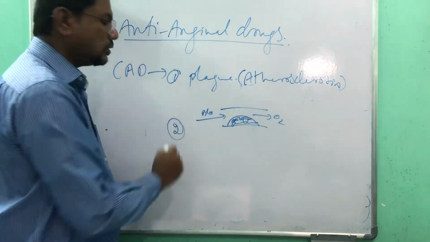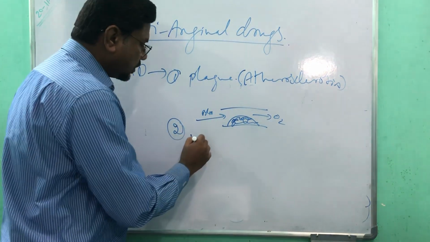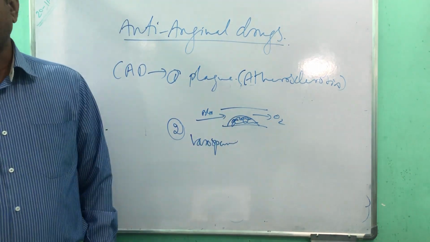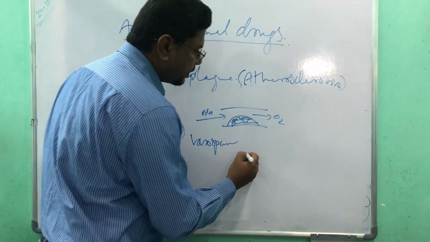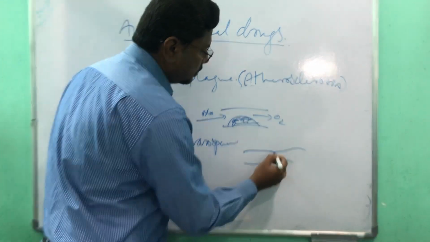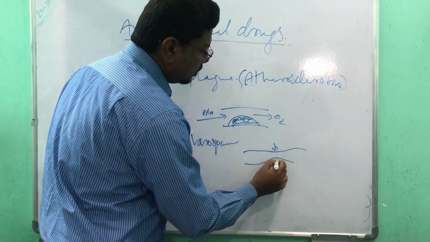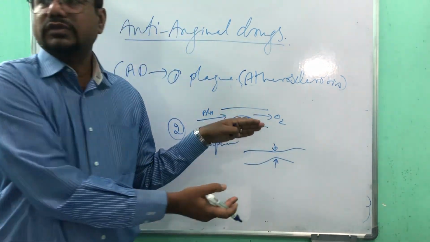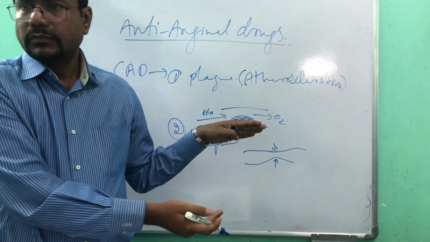The other one is spasm. Vasospasm. What is vasospasm? Due to some reason, there is spasm of the coronary artery.